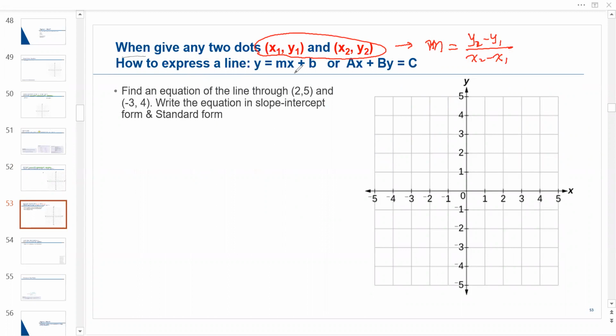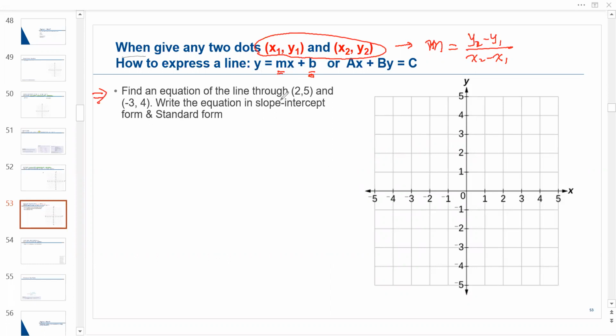Then you take one of the dots, put it inside, and you can get the B. You can find the format. All right, let's finish this one before the end of this week.